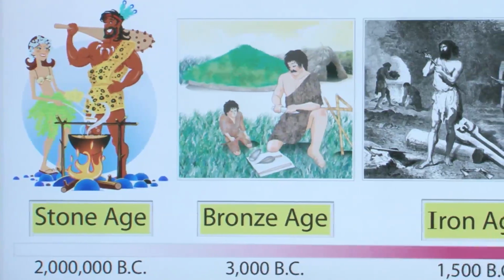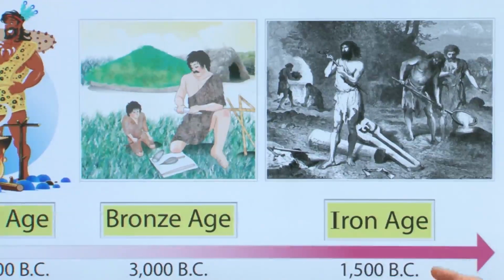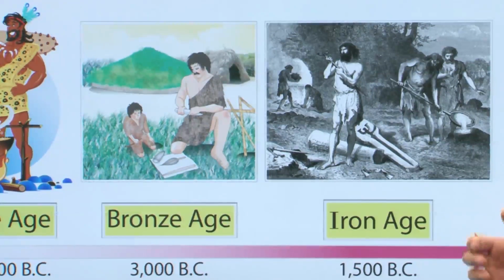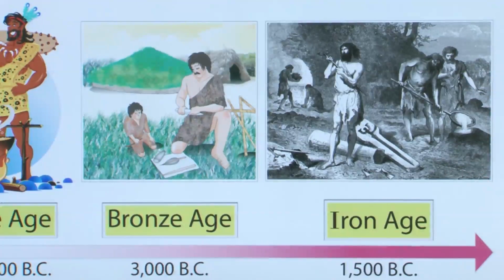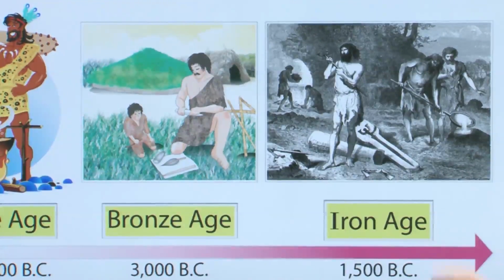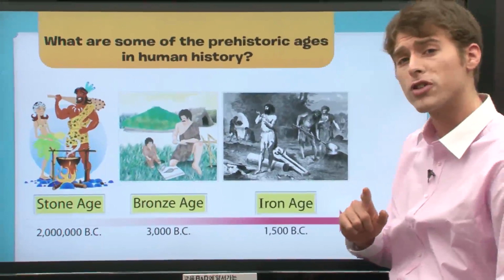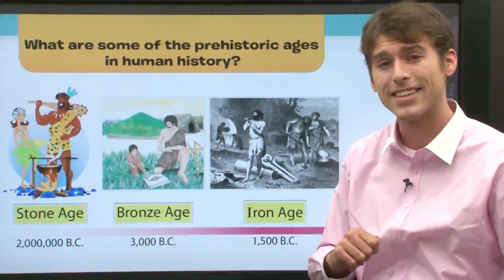And then here we arrive at the Iron Age, which began at 1500 BC. The main point here is that people started to learn how to make not bronze, but now iron tools and weapons. So we'll talk about this and more when we get to the passage, but first, let's have a look at the keywords we'll be using today.